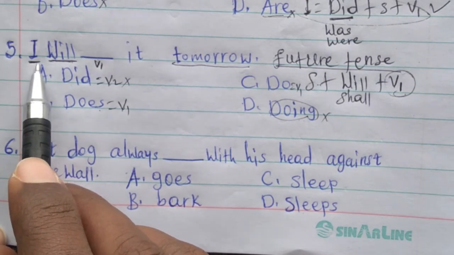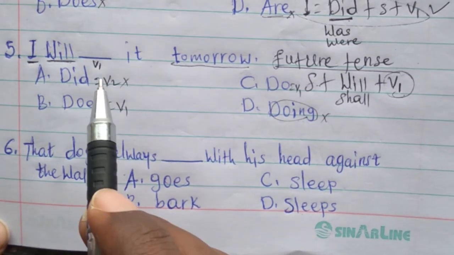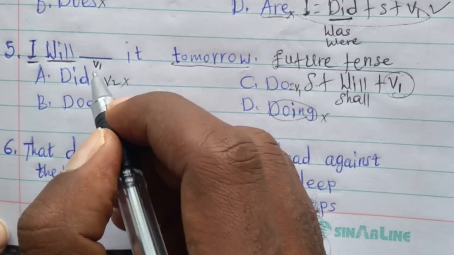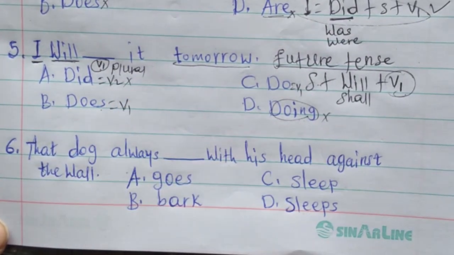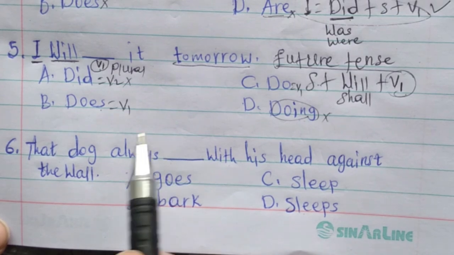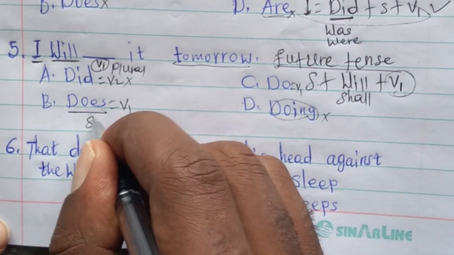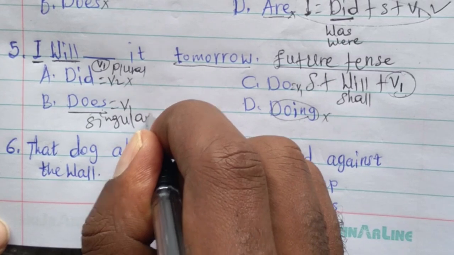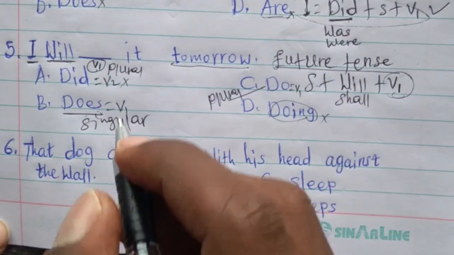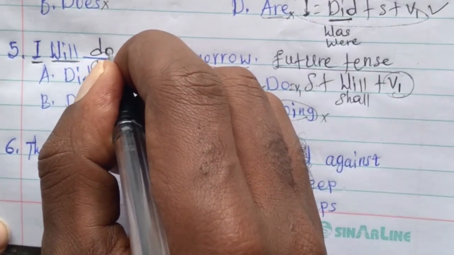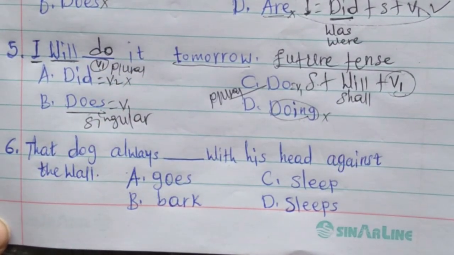But here after the modal verbs we are not using a singular verb. This verb always must be the plural form. This one is singular, does is singular, like you said before, but this one is plural, so it's going to be do. I will do it tomorrow.